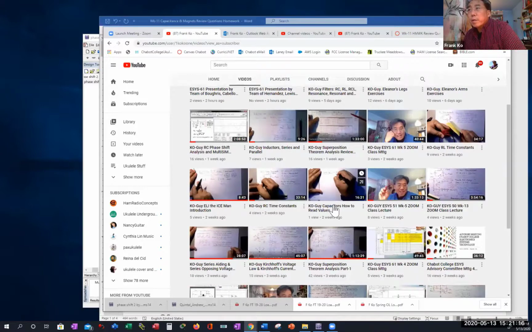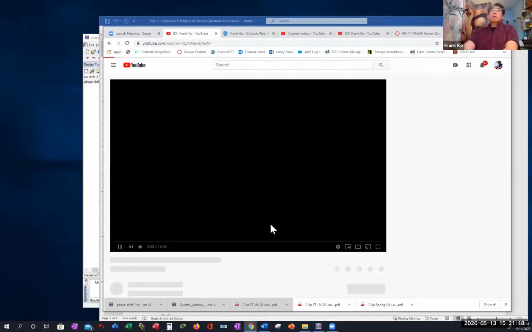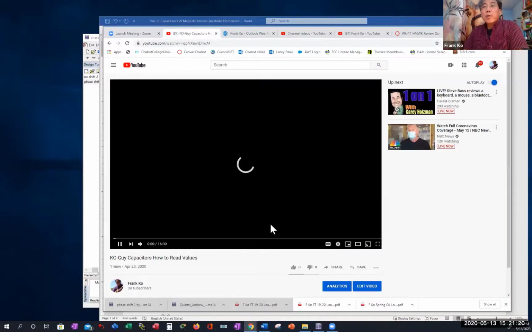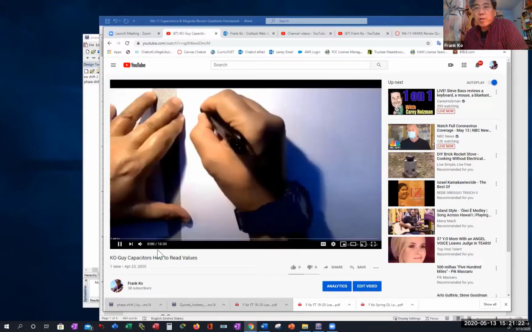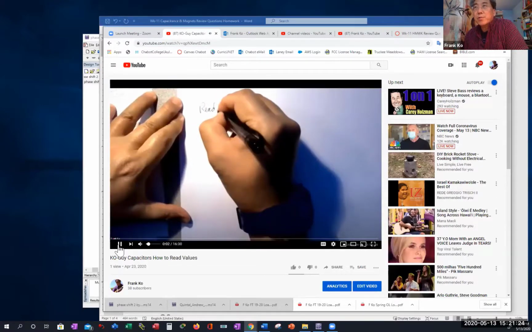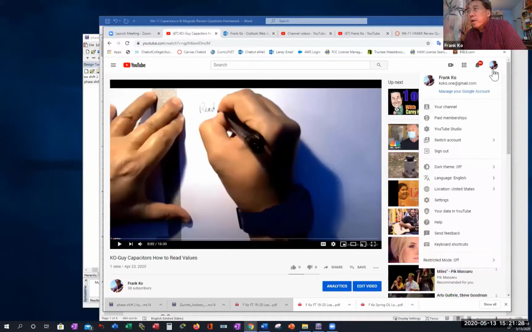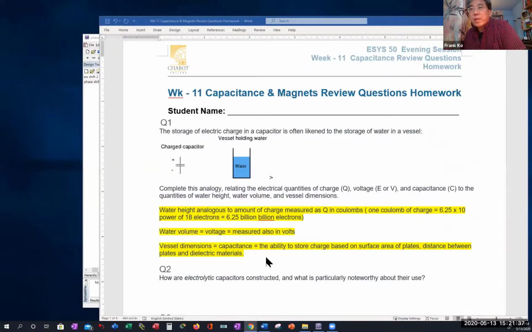There was a discussion about capacitors, how to read the values. That was one area where we had discussed capacitors, so that would be one place to look. We won't be reviewing this, but that's where you would have some of the answers, okay?